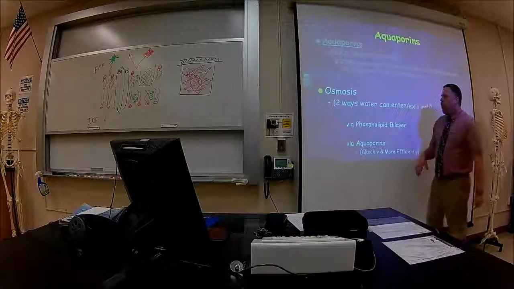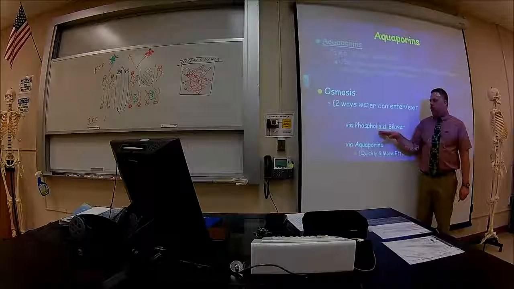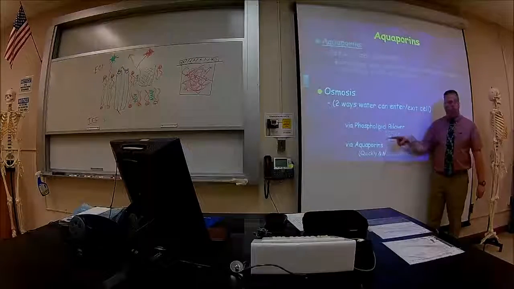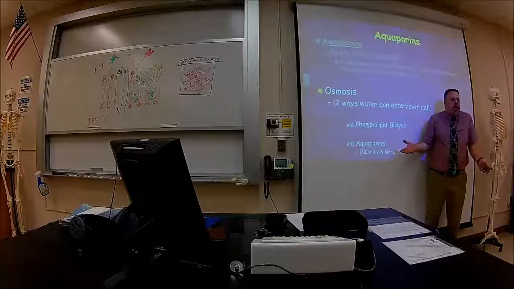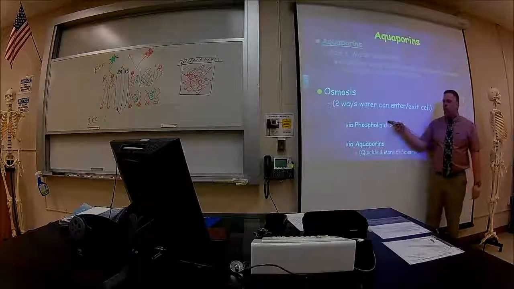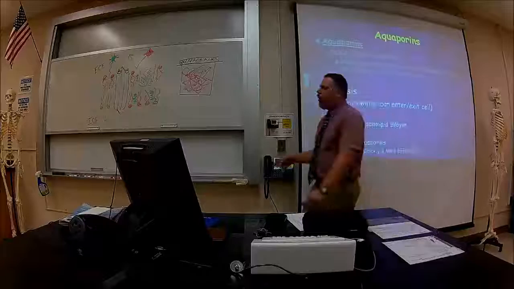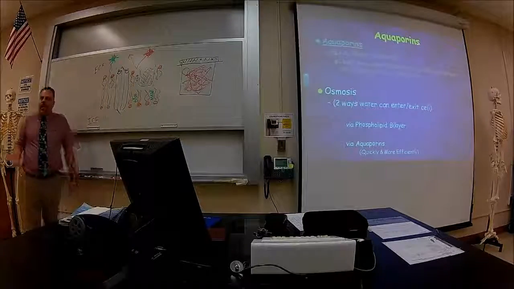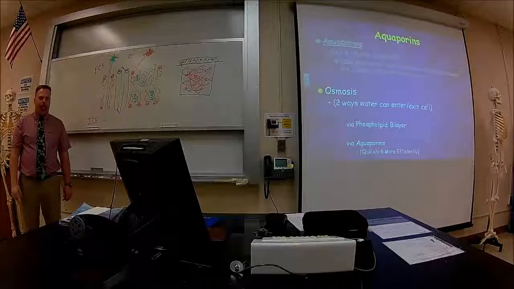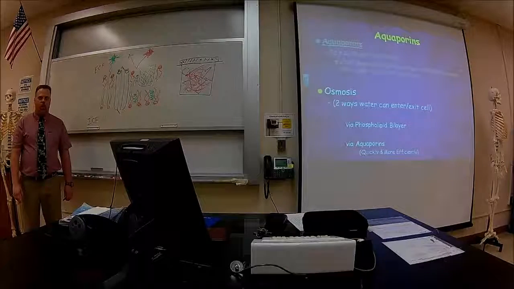So osmosis, two ways that it can go. It can go through these aquaporins, which happens much quicker, but the phenomenon is, for some reason, water can also pass through here, not very well, but it can pass through here also. It's a phenomenon that we still don't understand. Okay?